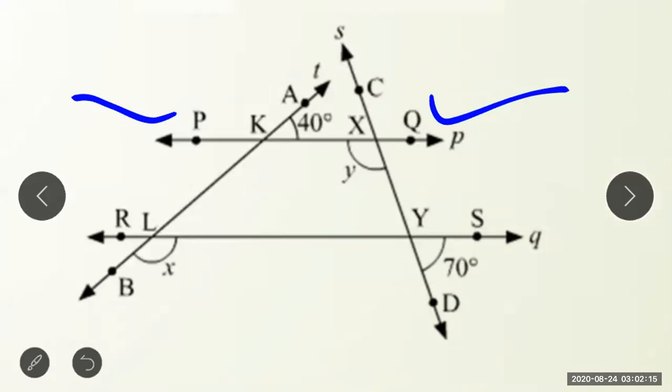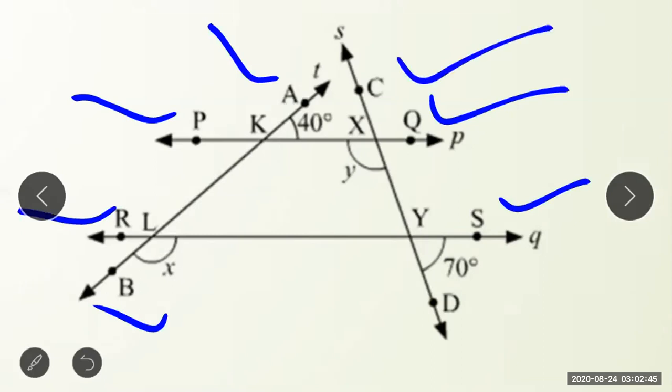Next we have marked R and S on Q. Next we have marked A and B on T. And last we have marked C and D on S.